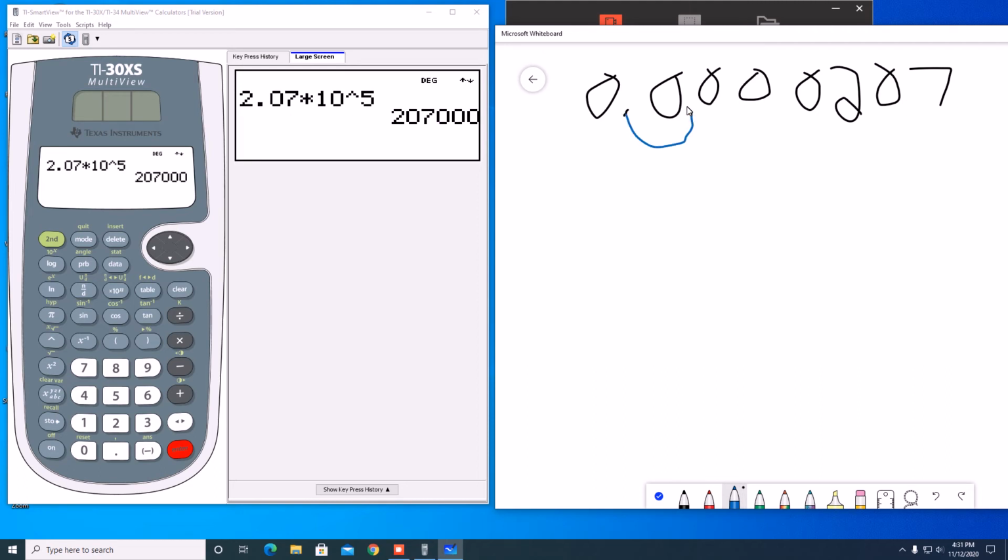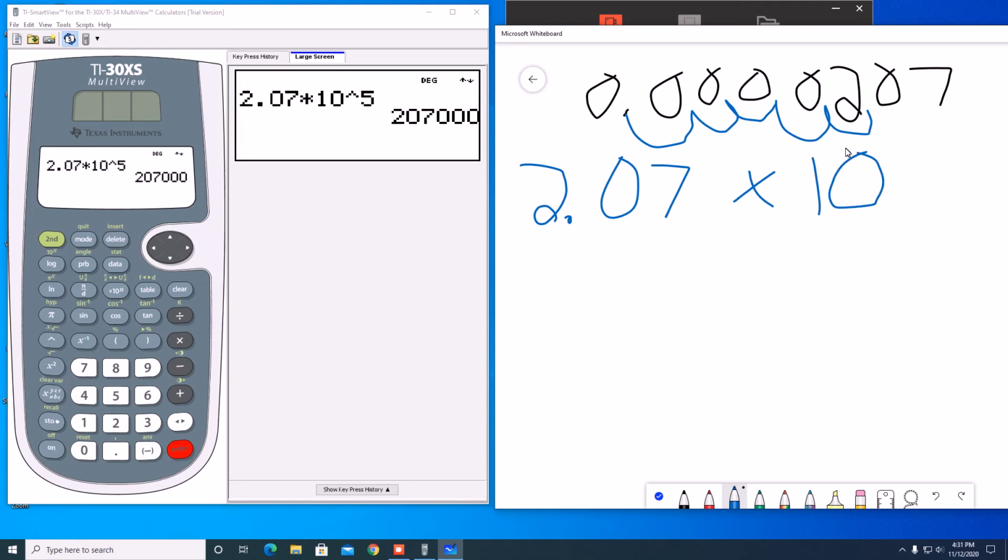So I'm going to move this over until it's after the number 2 and make that 2.07. So that part I showed you right. Sorry about that. Times 10. And since we moved our decimal to the right, our exponent is going to be a negative. And so how many places did I move my decimal? I moved it 1, 2, 3, 4, 5. So it's 10 to the negative 5.